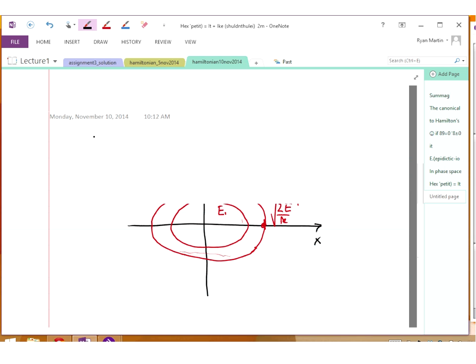So consider the continuity equation from fluid dynamics.